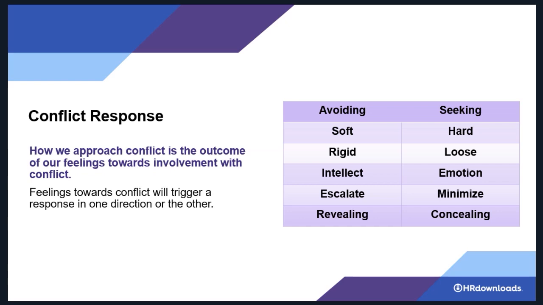Soft or assertive, or hard, dominating, and aggressive. So this would be how you respond to it. Are you one that goes forward and has to make your point, or are you kind of laid back and not so serious when a situation does come up?